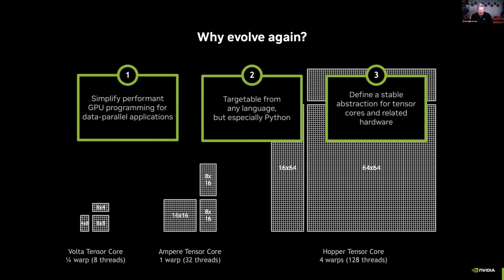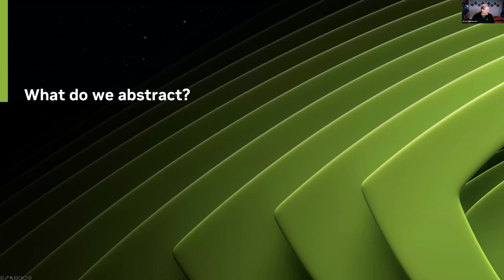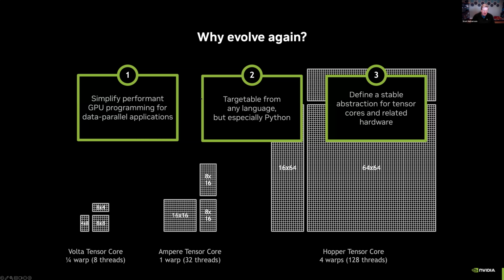NVIDIA has just exposed it as part of a broader hardware ecosystem on the GPU. But you can see that they've gotten substantially larger over time. And this just goes up to Hopper. We're already on Blackwell, sorry. There we go. You can see we go up to Hopper in this case, but Blackwell expands this even further with the next generation.